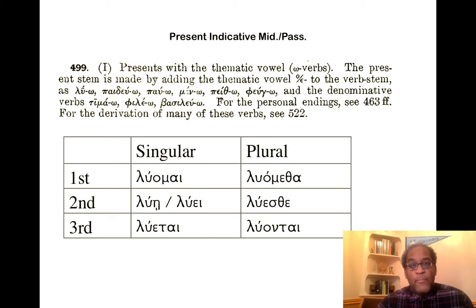So we end up with lu-omai, lu-ei or lu-e, lu-etai, lu-ometha, lu-esthe, lu-ontai. Again, lu-omai, lu-ei, lu-etai, lu-ometha, lu-esthe, and lu-ontai. And of course, the duals are lu-esthon, with the omicron nu ending.